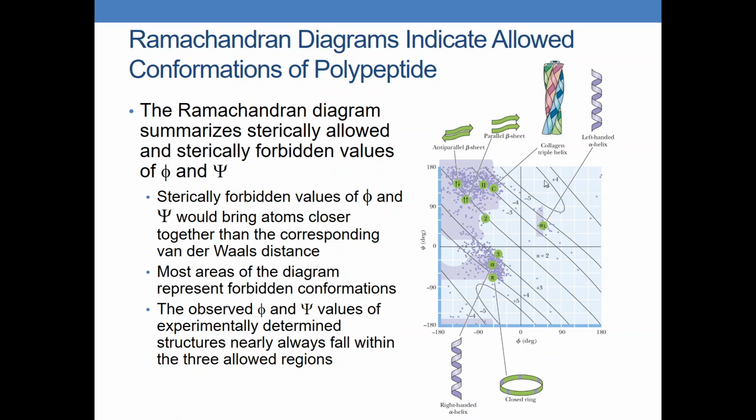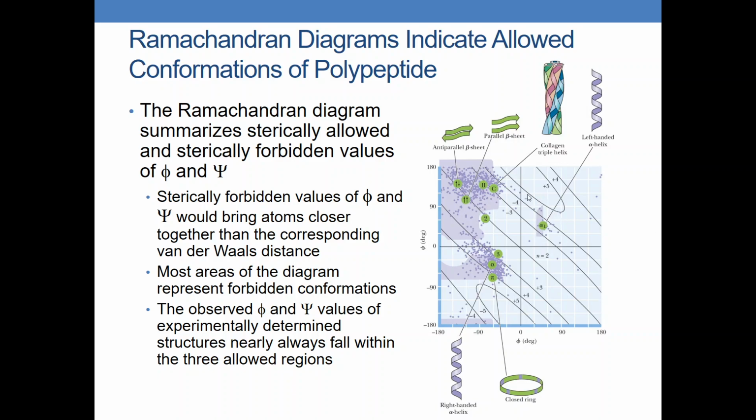You get far fewer phi-psi combinations that show up in quadrant 1 for the same reason. There is a little island here highlighted in purple where you do get some allowed values, but as you'll see going forward, this corresponds to a left-handed helix, which doesn't really show up in nature a whole lot. So you're not going to see a whole lot of that.